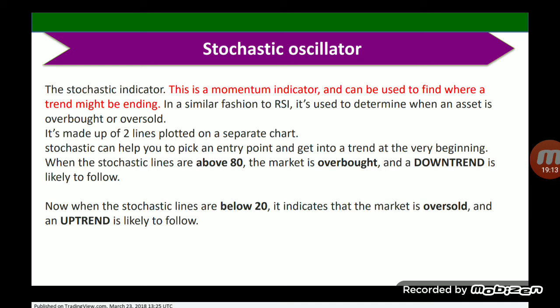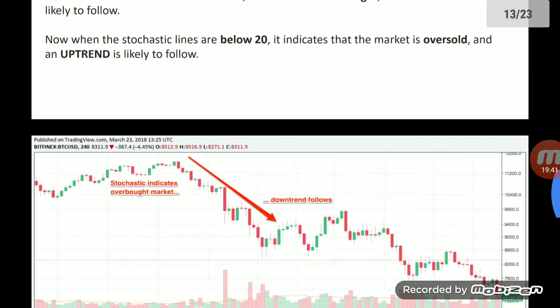Means when a stock or share price is decreasing, and the stochastic lines are below 20, it indicates that the market is in an oversold zone, and it can reverse and start rising, or take an upward trend. So it is the stochastic oscillator.